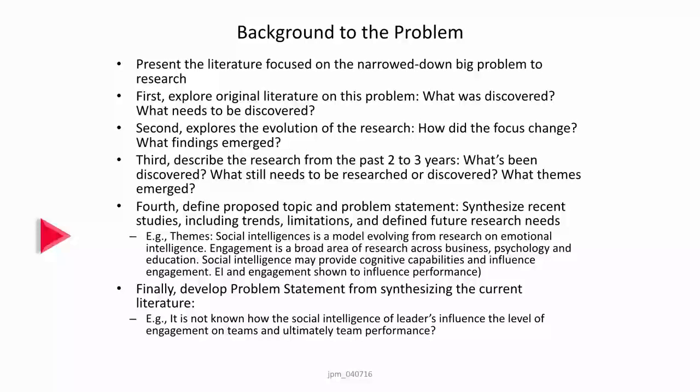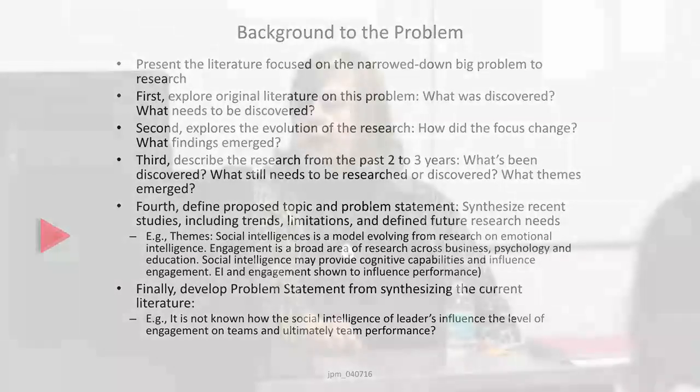What's also going on in organizations is a lot of focus on engagement, the need to engage employees. It's not about satisfying them, but if they're fully engaged, they will become satisfied on their own. So we don't have to make them happy, we have to get them engaged. Another thing that's also going on is that social intelligence may provide the cognitive capabilities and actually influence that level of engagement.